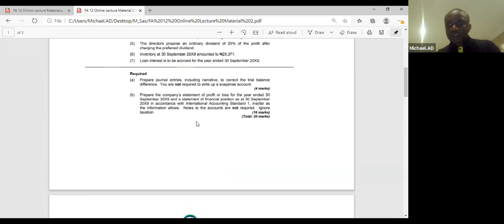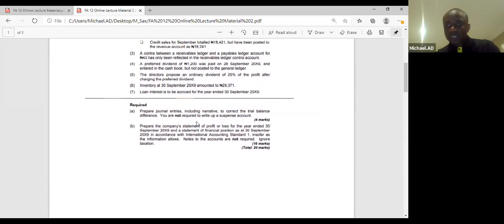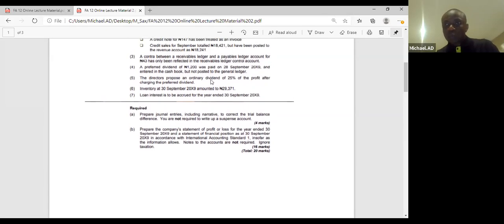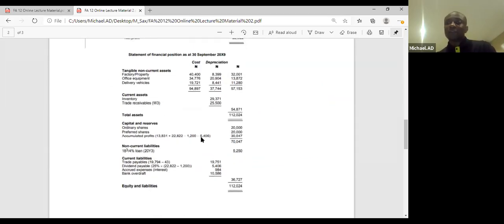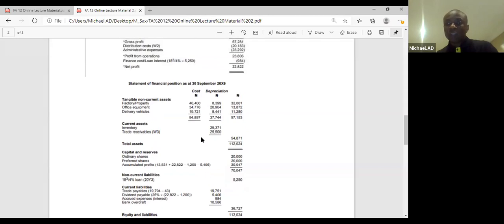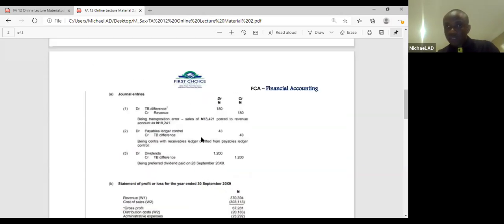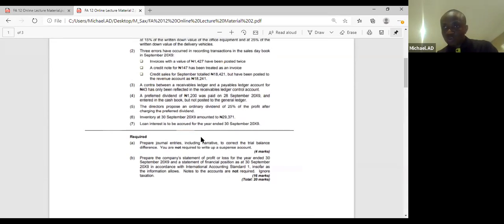But if you come here, you will see the directors proposed 25% of profits after charging preferred dividend. So what is our preferred dividend? Our preferred dividend is actually 1,002. Remember the 1,002 that comes into the question here.